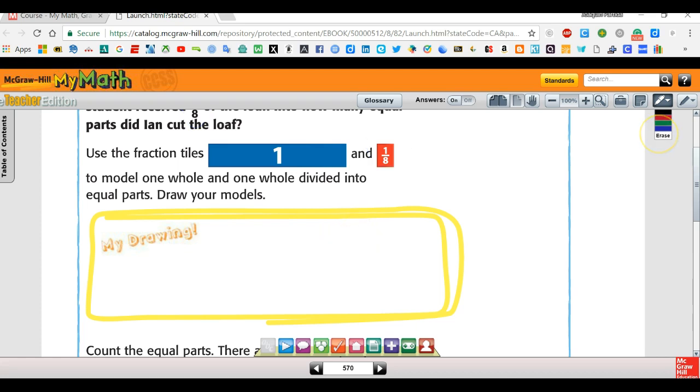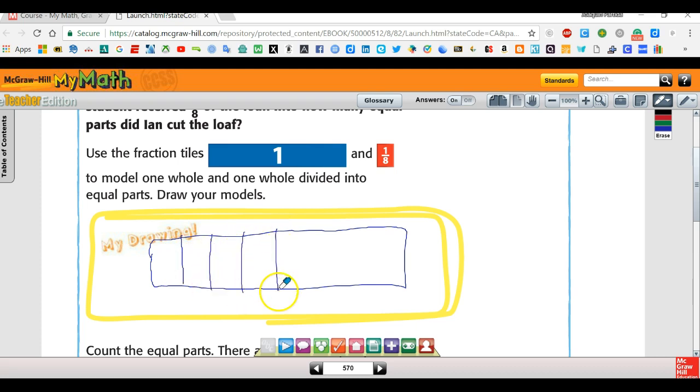Let's do it again. So in order to make 8 sections, I need to make 7 lines. Okay. 1, 2, 3, 4, 5, 6, 7.